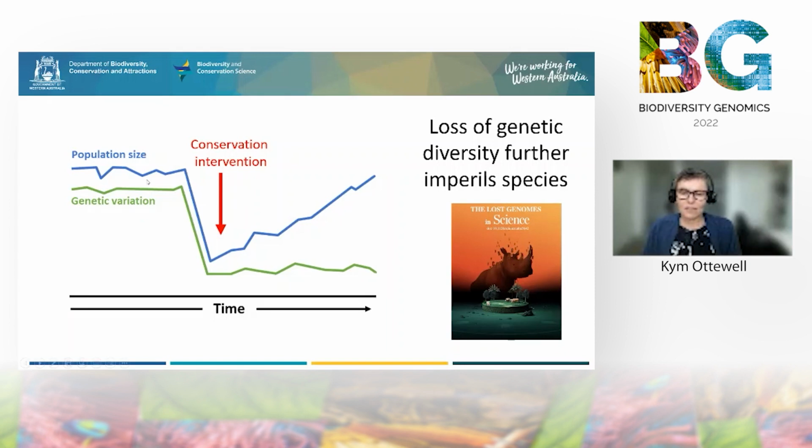So for species that have undergone rapid population declines, while we may be able to use conservation interventions to improve the demographic recovery of those populations, once we lose genetic diversity, that's lost until new mutations arise, which is a very slow, ongoing process.